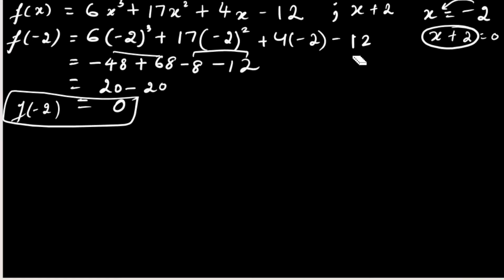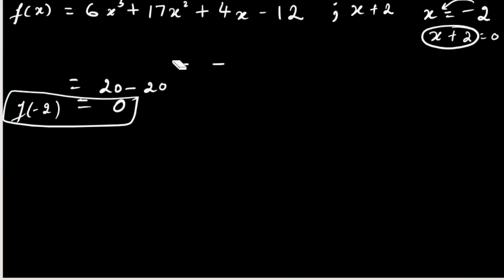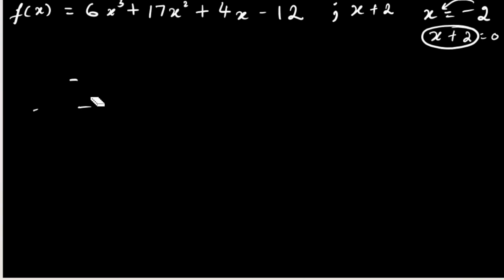Because for the next step I need space, I'm just going to clear this. You have to write this way only in your exams also. So what you can write? X plus 2 is a factor of f of x. Now in this type of question, actual division we have to do to completely factorize the polynomial.